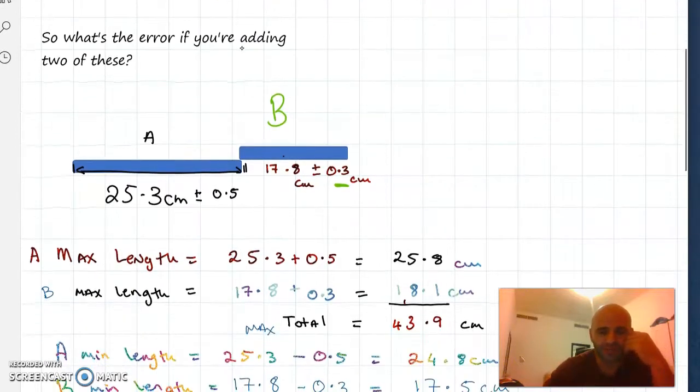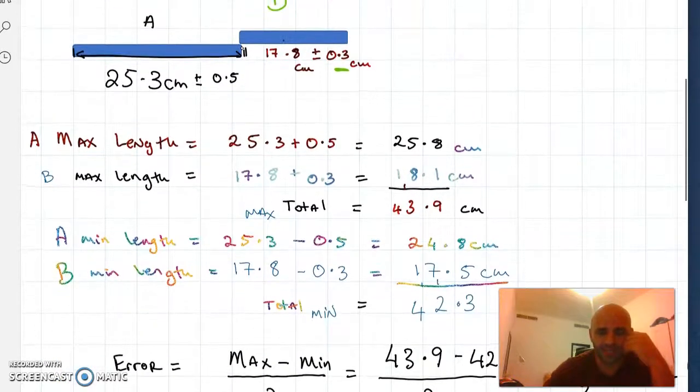So again, if we follow that same idea that we did in the last one, if we look at the maximum length that it could be, well, the maximum length of A is the average length that we calculated, which is 25.3 plus the 0.5, which is the error in that calculation. The maximum length it could be is 25.8, just like in the last example.